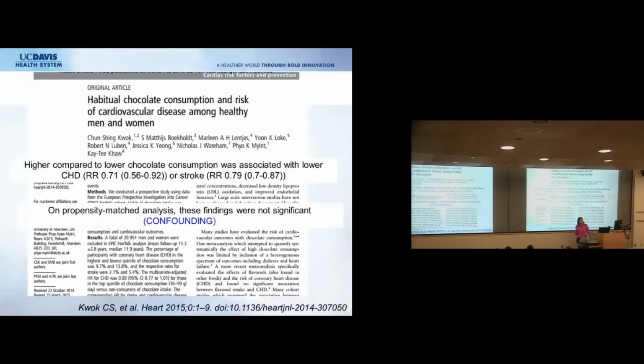So in this study, they propensity matched. They pulled out subjects that matched on the confounders, the variables that they had established that they wanted to match patients on, and found that this effect went away. So when they were comparing subjects who lined up directly against each other based on variables that they determined, there was no effect of chocolate on cardiovascular disease.